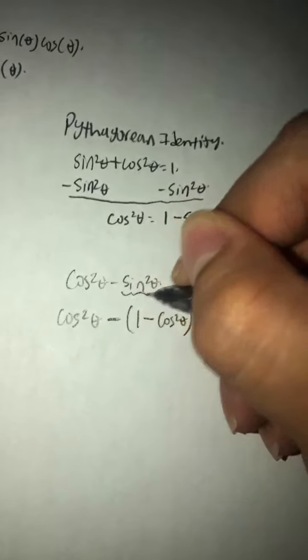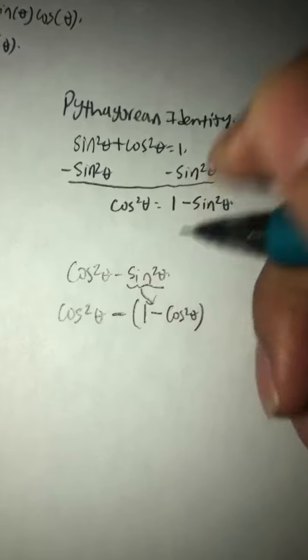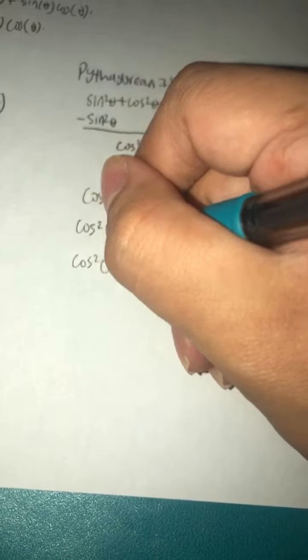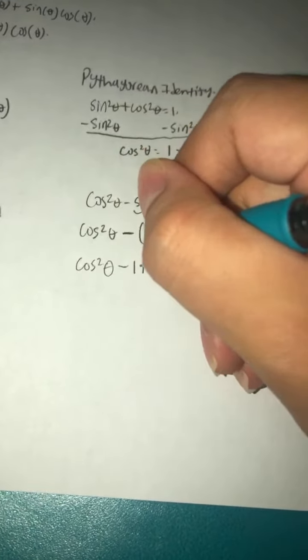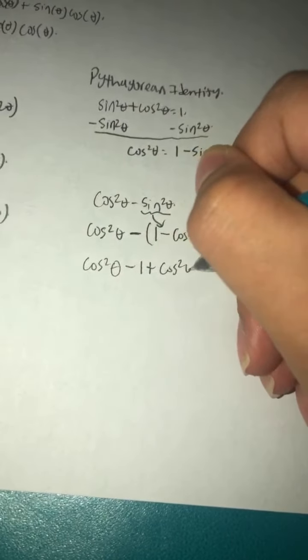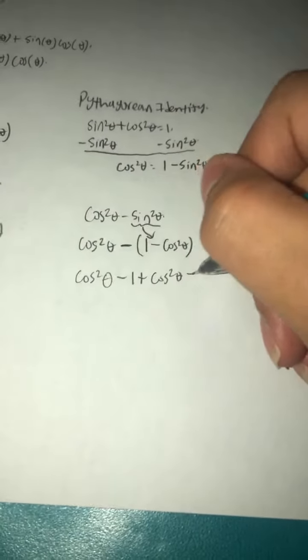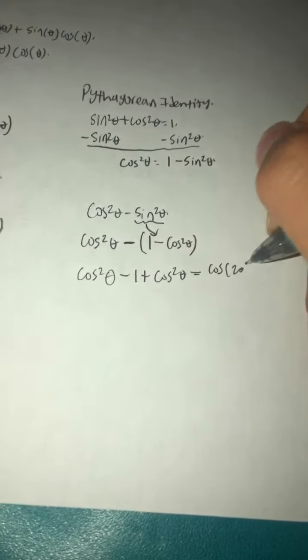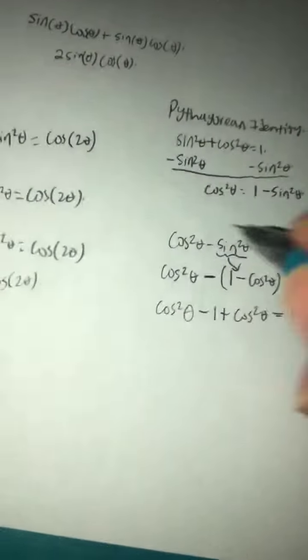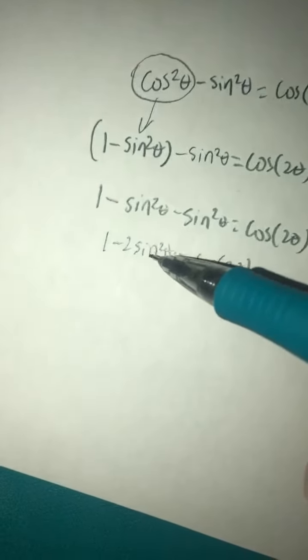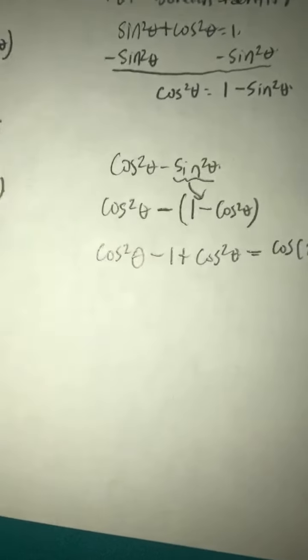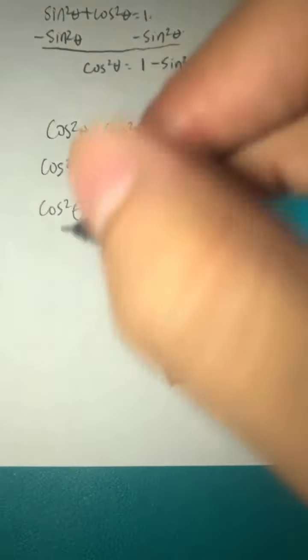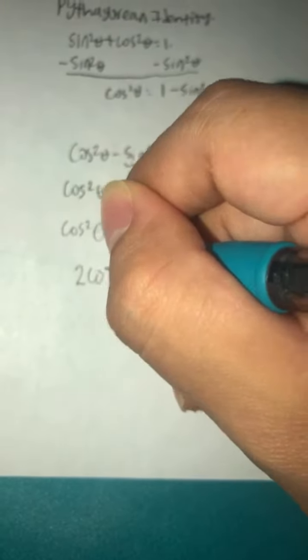This is sine squared theta, right? Then we can say cosine squared theta minus 1 plus cosine squared theta. This is really equal to cosine of 2 theta. Both of these are the same thing, just in different terms. This one is in terms of sine theta. This one is in terms of cosine theta. So really, this is equal to 2 cosine squared theta minus 1.